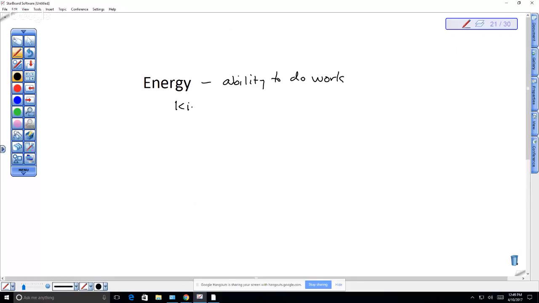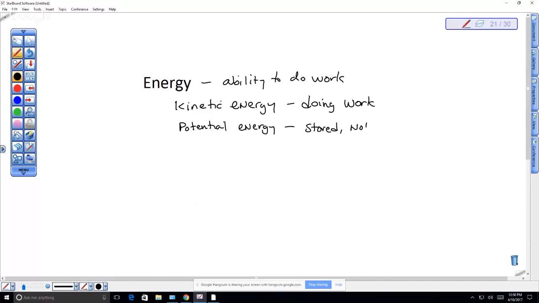And so we can talk about kinetic energy. So kinetic energy is doing work. Right? The opposite of kinetic is potential energy. Right? And potential energy is stored. Okay? So it is not doing work at the moment.